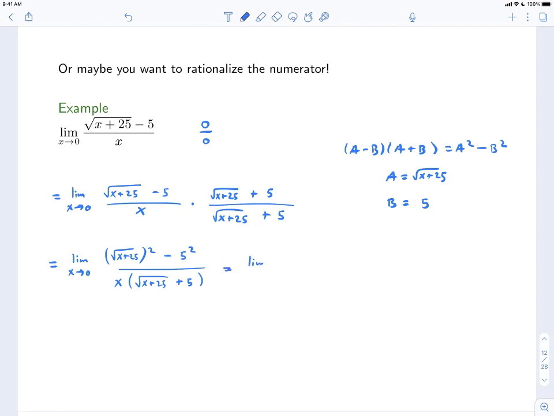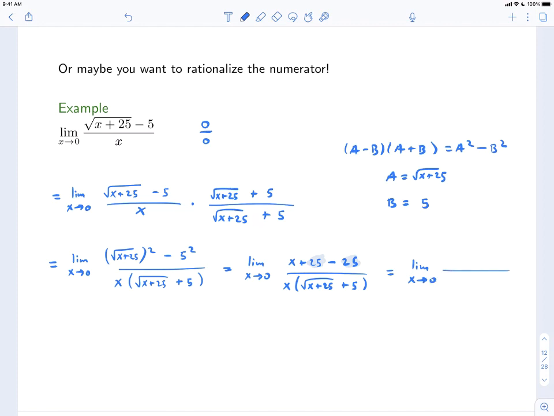So that's the limit as x goes to 0, and if you take the square root and then square it, that goes away, and you just have x plus 25, and from this you subtract 25, divided by the same denominator. We don't do anything to the denominator yet: the square root of x plus 25, plus 5. We notice that there's a 25 minus 25, those cancel, and we're left with the limit as x goes to 0.